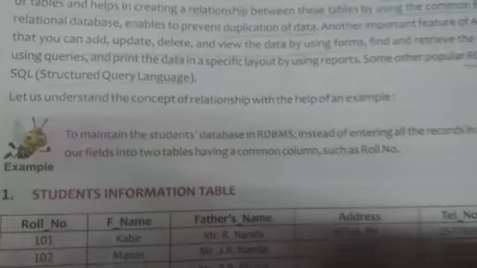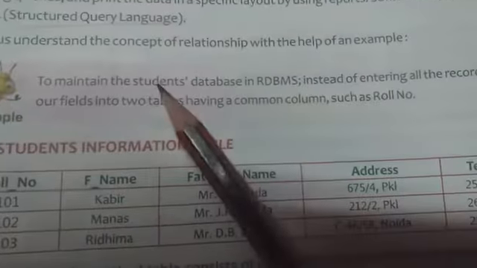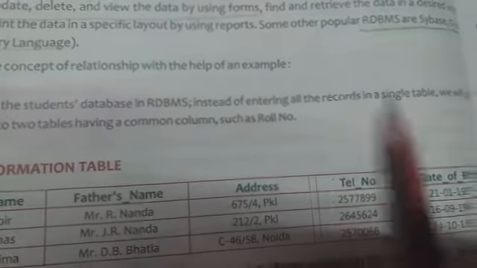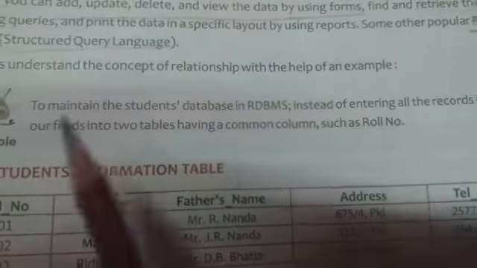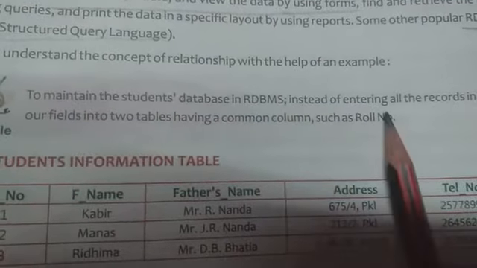Let us understand the concept of relationship with the help of an example. To maintain the student's database in RDBMS, instead of entering all the records in a single table, we will split our fields into two tables having a common column such as roll number.